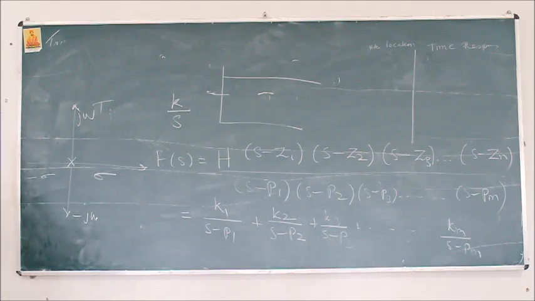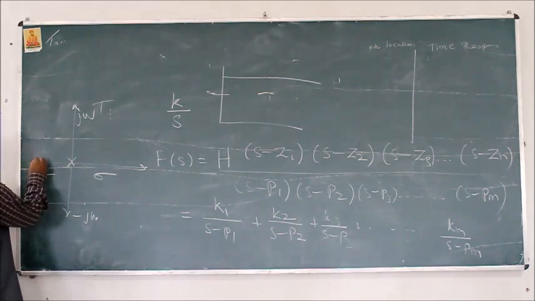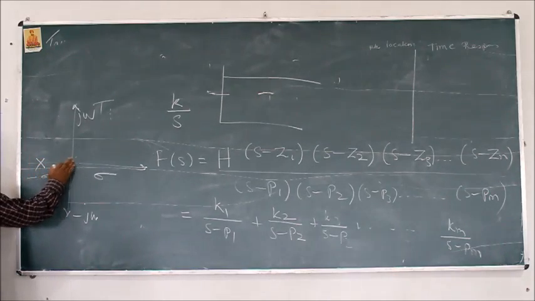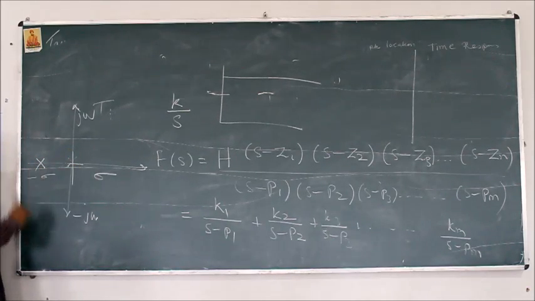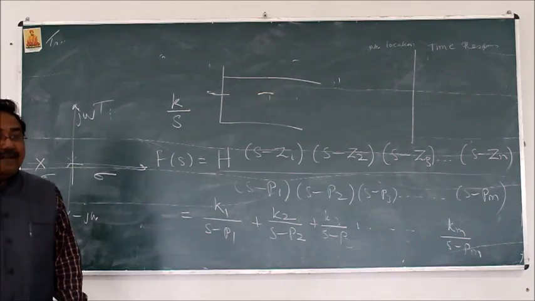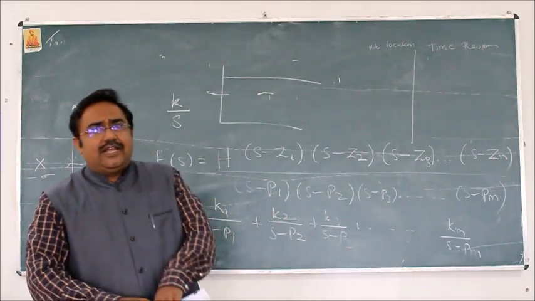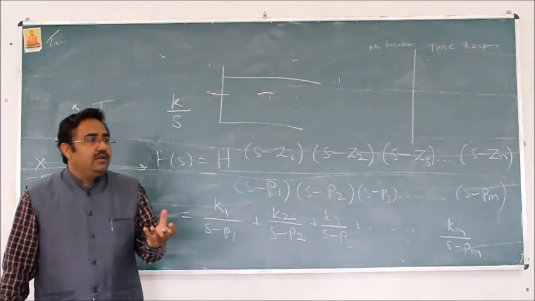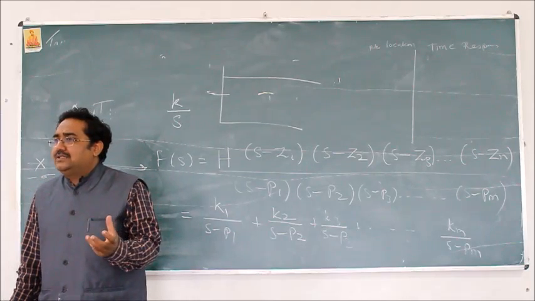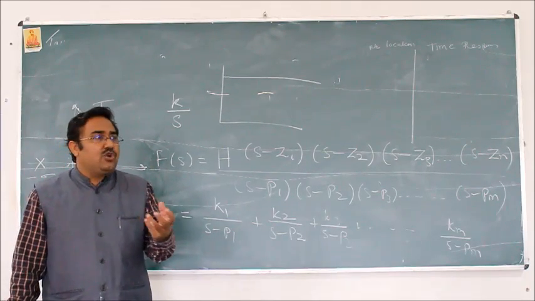Now let's move to the second point. Let my pole be lying on the real axis, on the negative real axis. Just think mathematically. What will be the mathematical expression of F(s)?